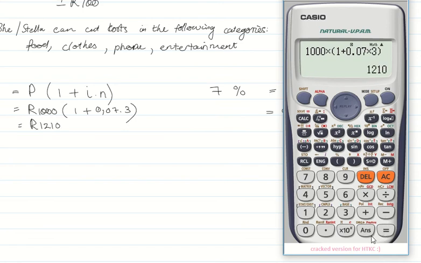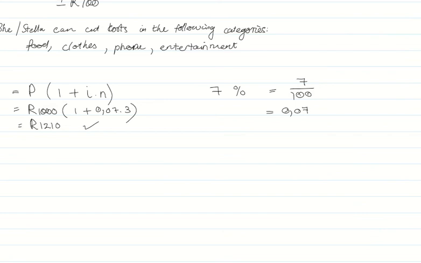I hope you got that one correct. Let's look at the mark allocation. That is 3 marks: you get 1 mark for the answer, and 2 marks for putting every value into the correct place.